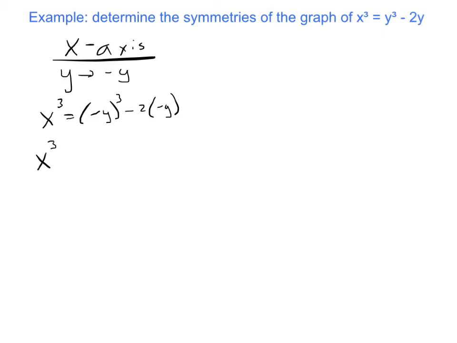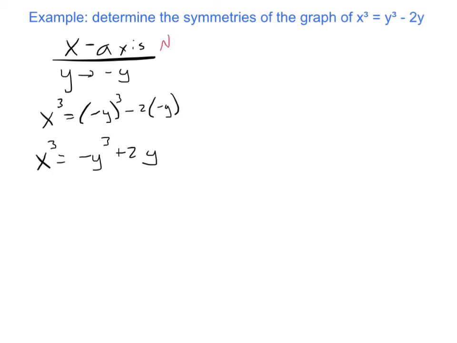So this becomes x cubed equals negative y cubed plus 2y. The question is, is this equation identical to what we started with? The answer is no, not at all. In fact, this is quite the opposite. So that's fine. This does not have x-axis symmetry.